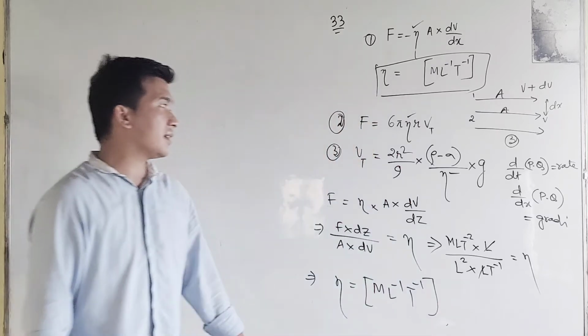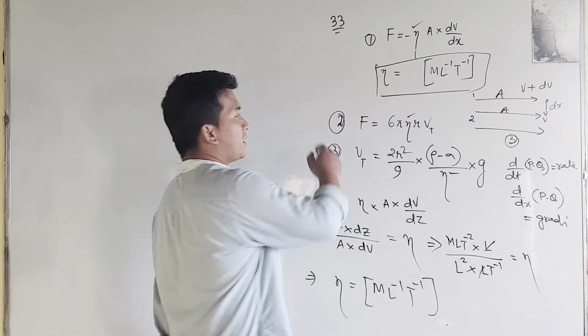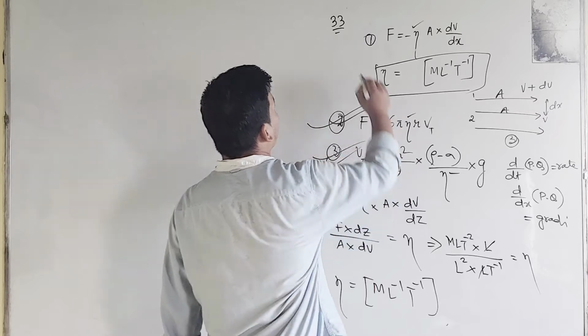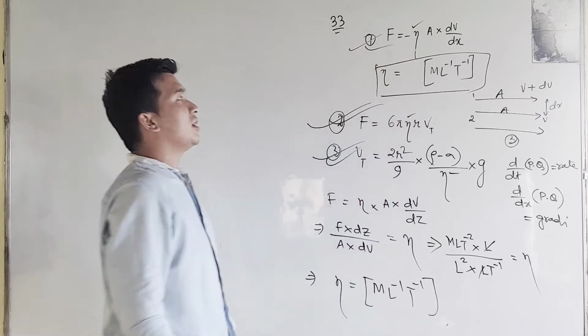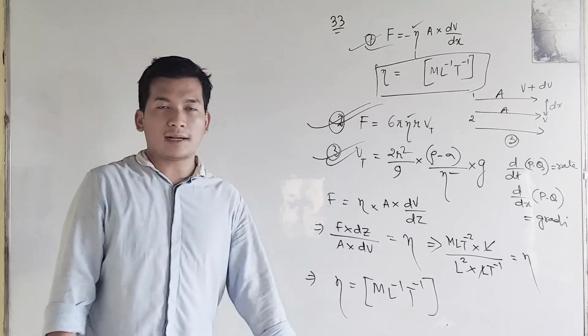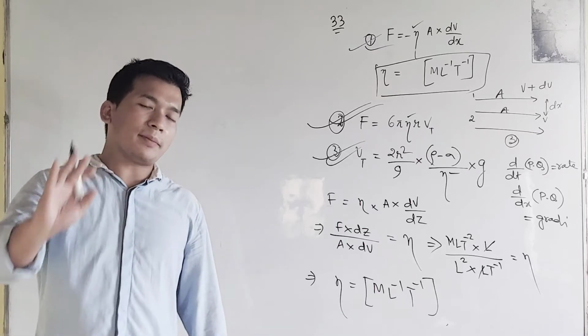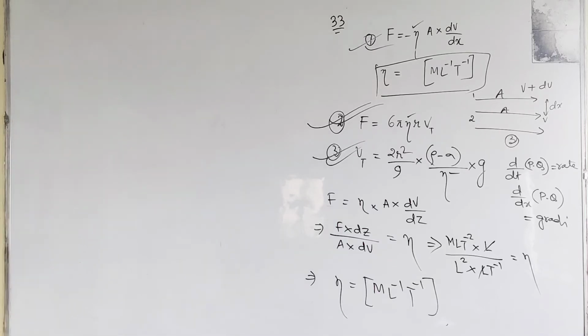The dimension formula for coefficient of viscosity is very important. This can be asked from your first equation, second equation, or third equation, and these 3 equations will produce the same dimensional formula of coefficient of viscosity. That is the concept.